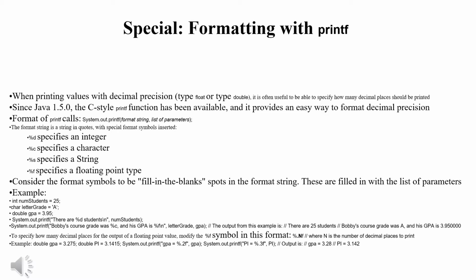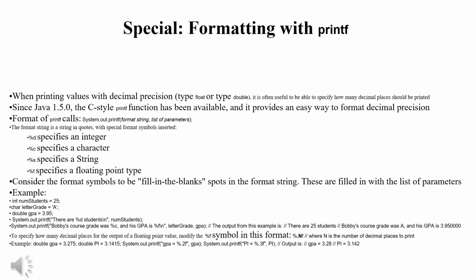So what, for example, I'm going to do is I'm going to print a message like that. There are 25 students, right? So I have a message. There are 25 students, and this 25 is the value of the variable number of students that I want to print in the middle of my message.